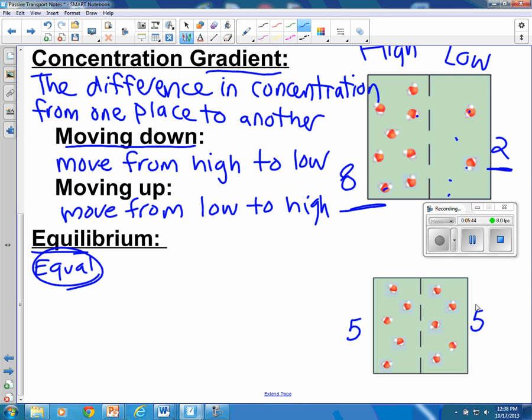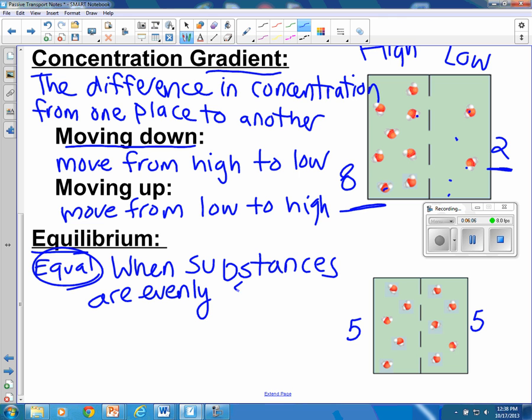When I sprayed the perfume, everyone was smelling it the same amount, because the molecules can move to equilibrium. So we're going to say equilibrium is when substances are evenly spread out.